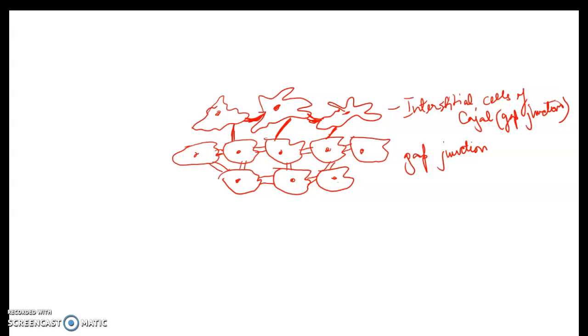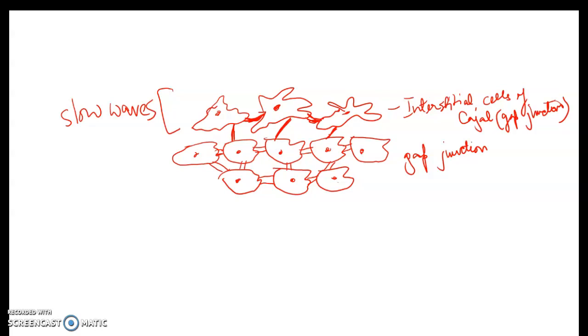Now what are these cells doing? What are the interstitial cells of Kajal doing? These cells, first, remember, they produce something called slow waves. What are slow waves? Are they action potentials? No. Slow waves are not action potentials.